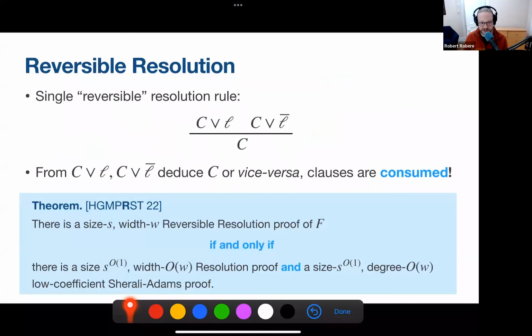This leads to a nice result: there is a size S, width W reversible resolution proof if and only if there is an efficient resolution proof and an efficient low coefficient Sherali-Adams proof. And this is very neat. I've never seen a result like this before. This is characterizing a complexity class in terms of the intersection of two other complexity classes.